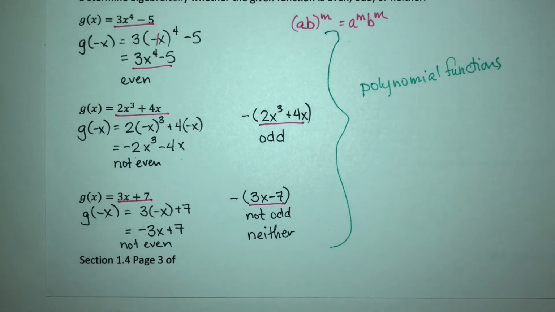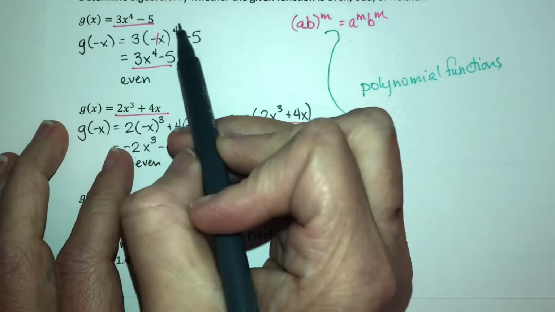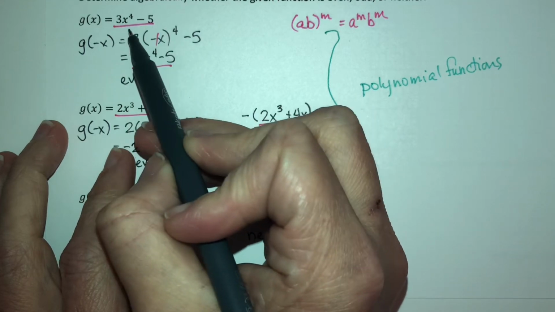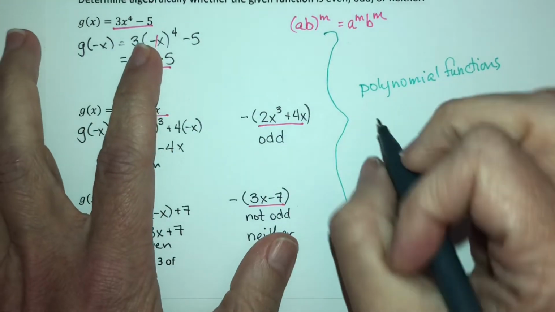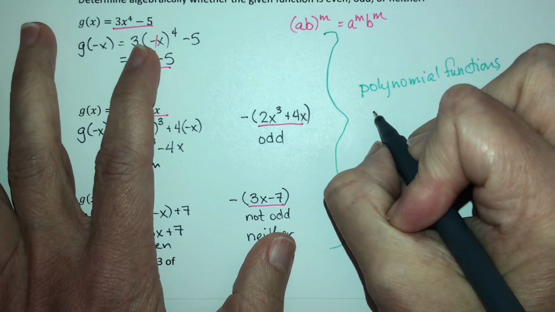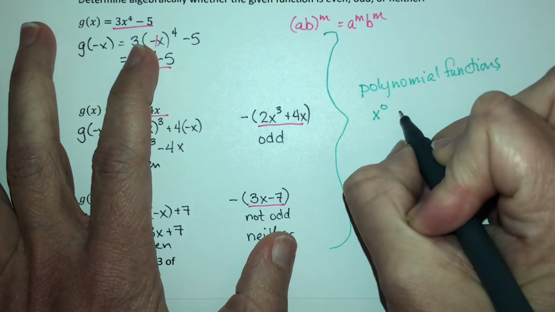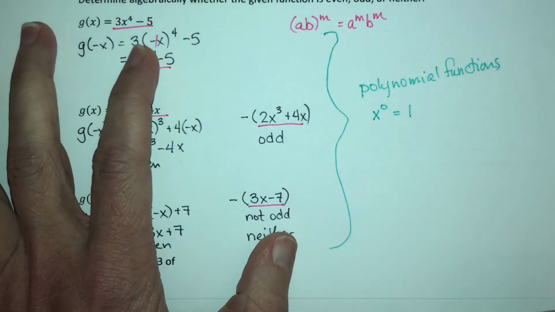And with a polynomial function, once you see this trick, you'll understand why mathematicians decided to call them even, odd, and neither. What I want you to look at is the exponents on your variables in here. One thing you do need to remember is that x to the 0 power is 1.